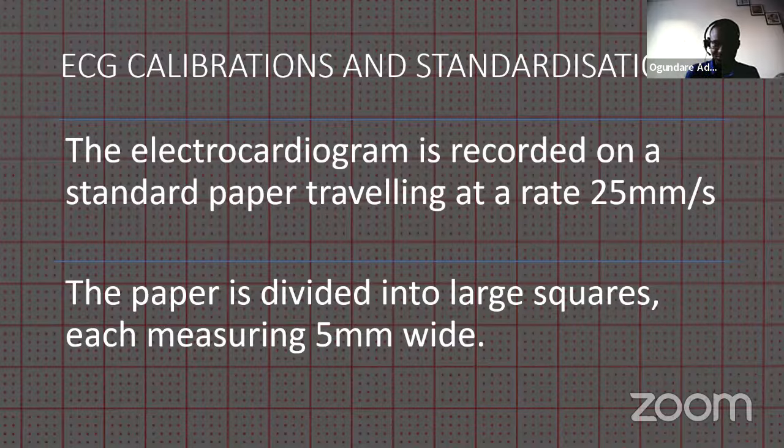The only information you have would be the boxes, so you need to be adding them up. This is 3 large boxes, and 1 large box is 0.2 seconds. We just did the mathematics. So 3 large boxes is 0.6 seconds. Then you can make your decisions from there. That is how you understand ECG interpretation.